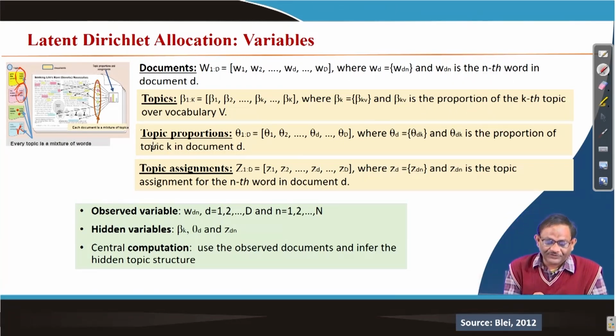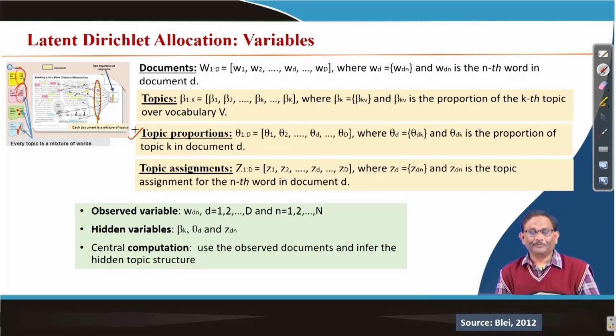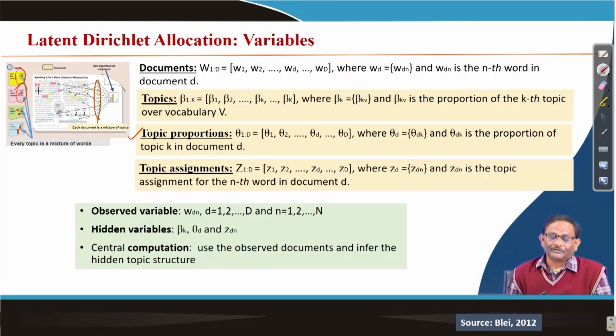Then the third one is topic proportion. Topic proportion is related to how each of the topics is allotted within a document, or I can say, within a document, what is the proportion of a topic.